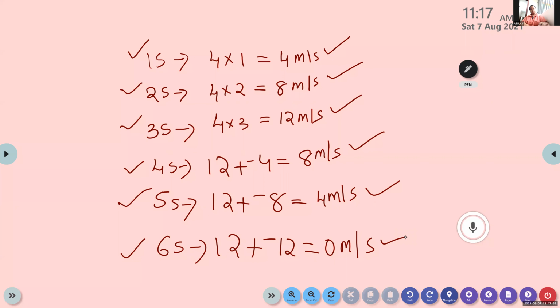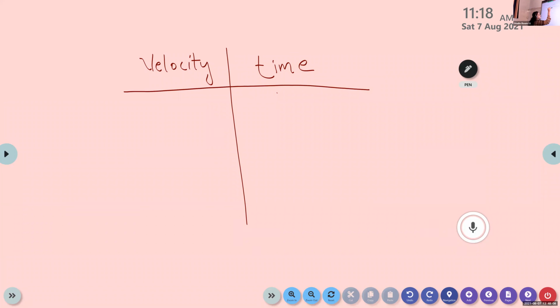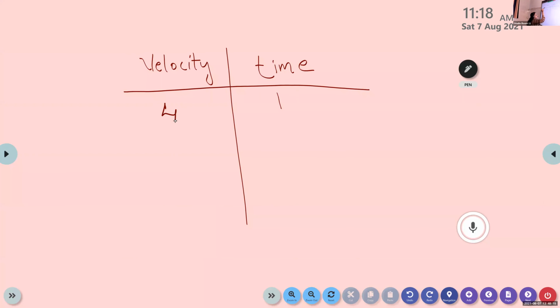So once again, we can recollect it in a table, velocity and time. Velocity in meter per second, time in seconds. Corresponding to 1 second, velocity is 4 meter per second.